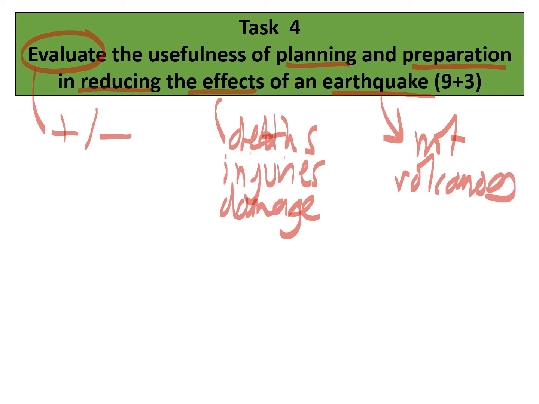So you might want to write an introduction about the different ways that you can help predict and protect against earthquakes. So you'd have a little introduction and you would just identify the different strategies you're going to talk about. You might have one paragraph talking about planning.